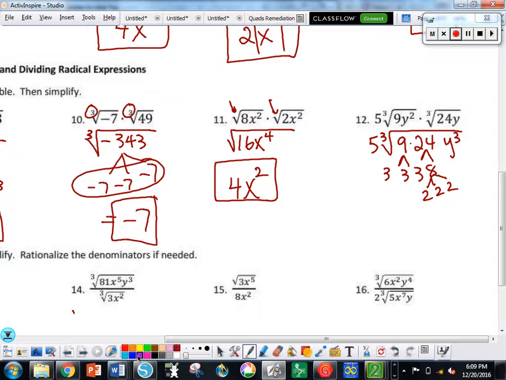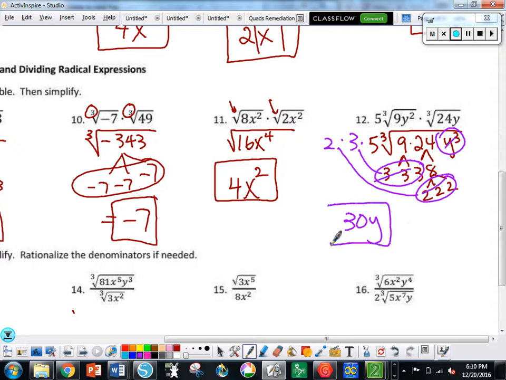All right, let's look for our groups. We'd have a group of 3's that come out, a group of 2's that would come out, and what do we have? 2 times 3 times 5 is 30, and then I have a group of 3's right here, y. There's no radical left over because everything had a group, so 30y is your final answer.